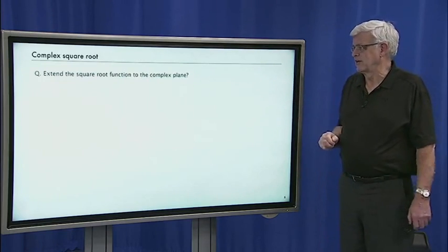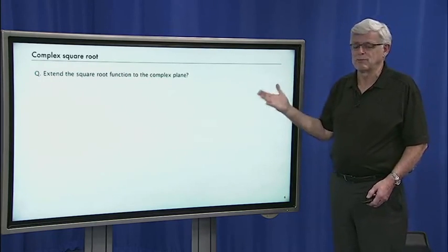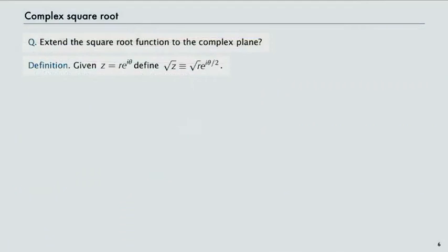And the first idea is, well, how do we extend the square root function to the complex plane? One thing you can do is use polar coordinates and write a complex number z as r e^(iθ), or cosine θ plus i sine θ.